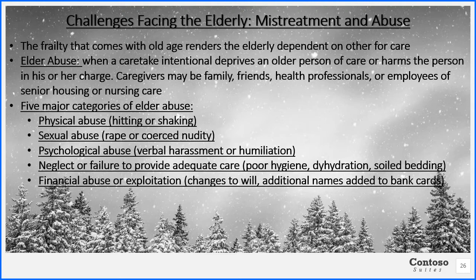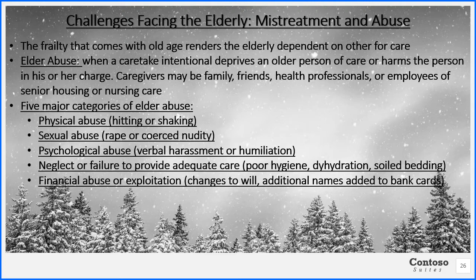And so, unfortunately, a lot of times this can result in elder abuse, and we'll go over the 5 different forms of that. Basically, elder abuse is when a caretaker intentionally deprives an older person of care or just outright harms the person. Caregivers might be family members, friends, health professionals, or employees at a senior housing or nursing care facility.